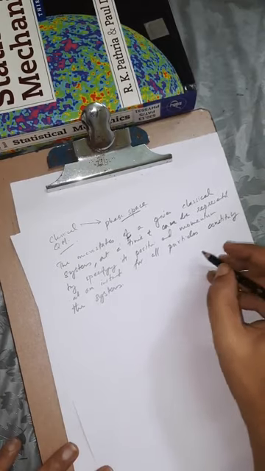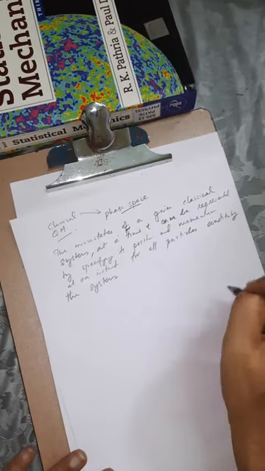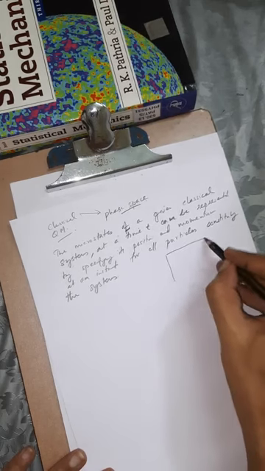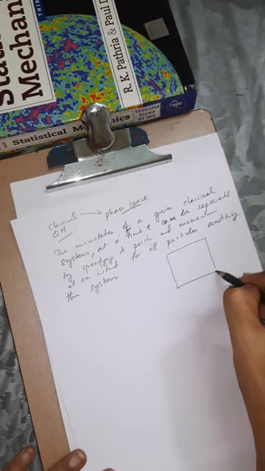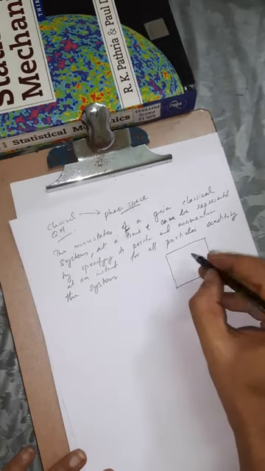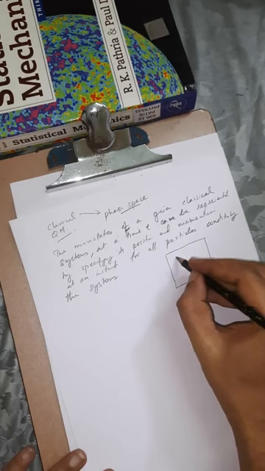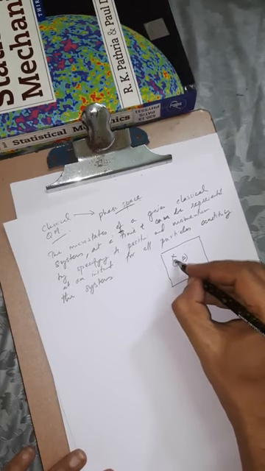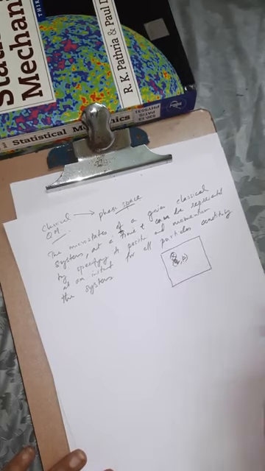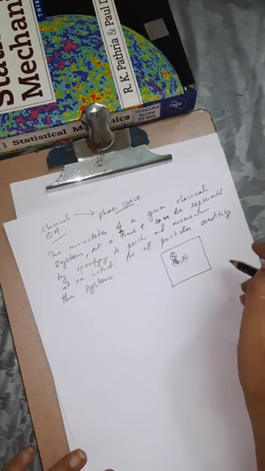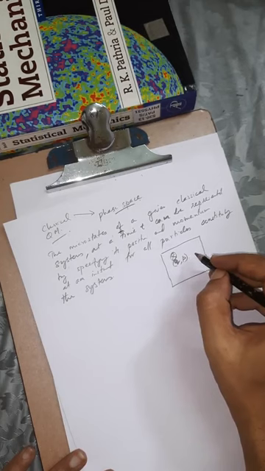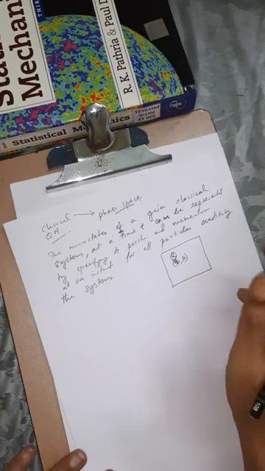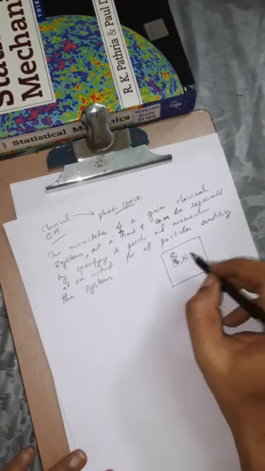So if I have a system like this, or I have an ensemble like this, I can always spot a point over here in terms of the Q and the P, where this cross represents the microstate of the system at an instant t.